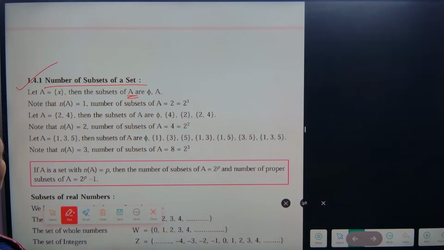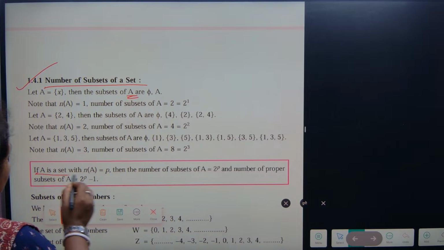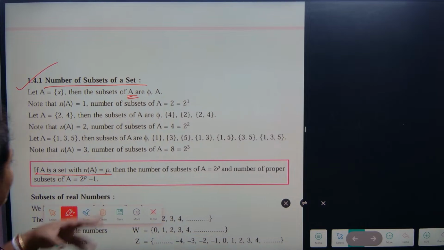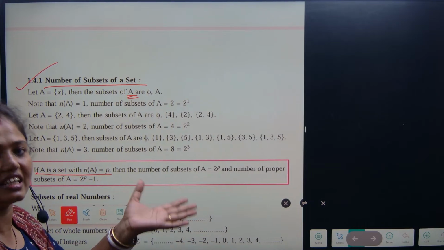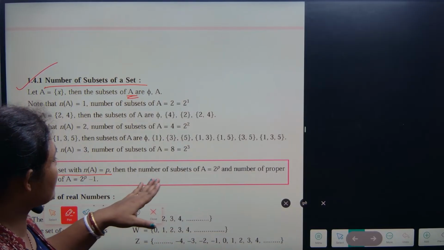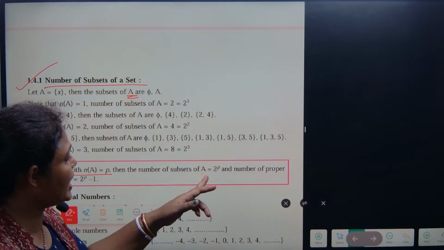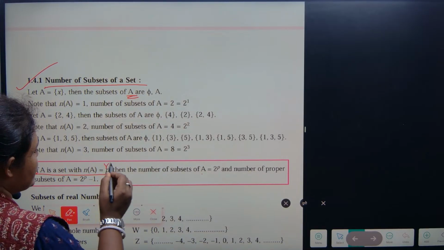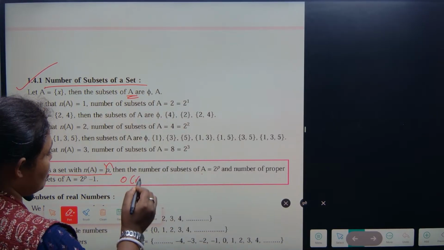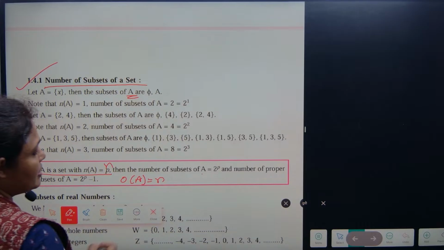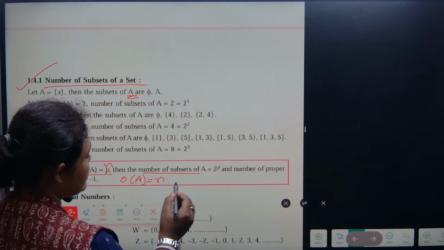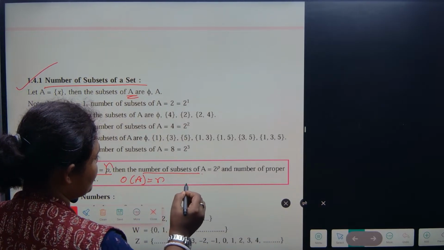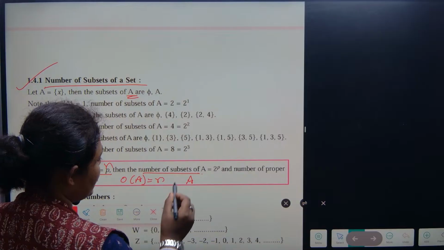Now, number of subsets of a set A. So if A is a set with n elements, then the number of subsets of A is 2 to the power n.